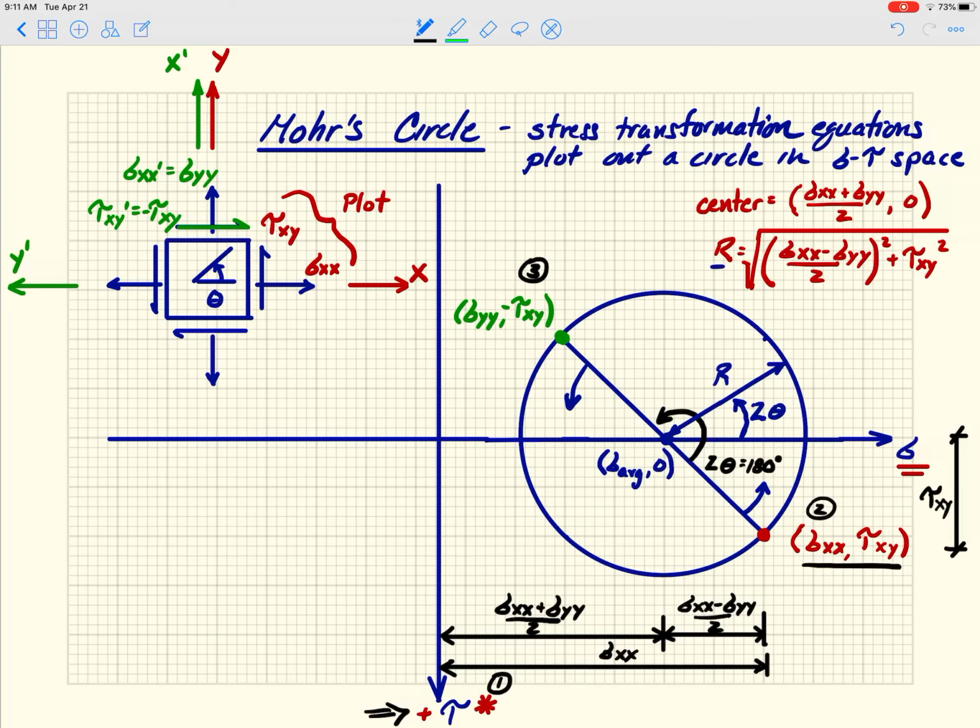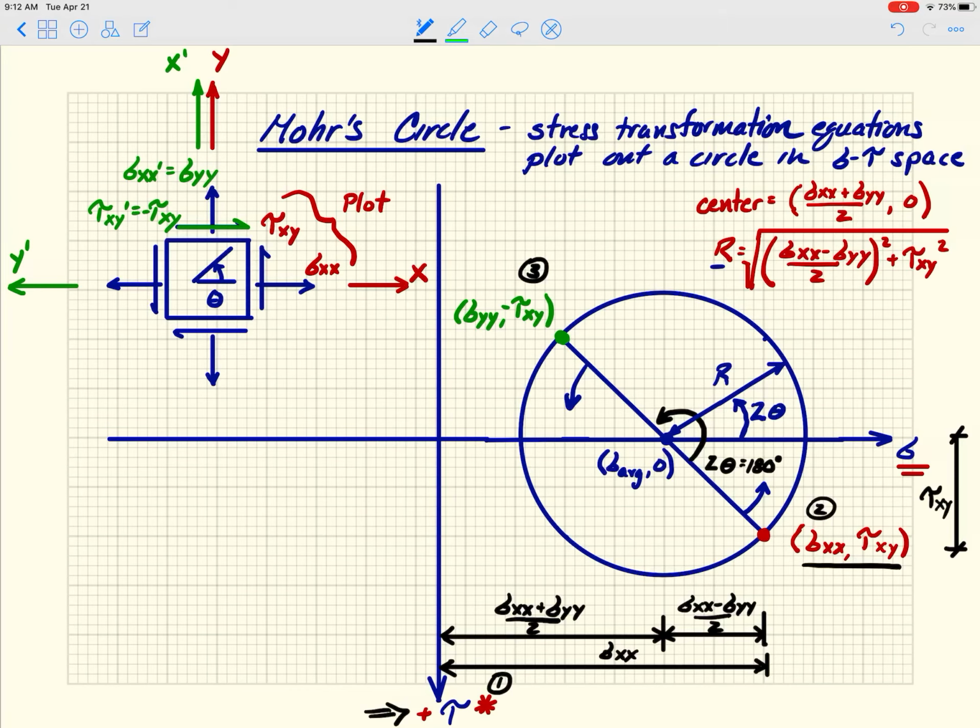Then number three, we are going to plot the stresses on the y face. And the only difference is that we're flipping the sign of the tau xy, right? The reason that happens is because when we move from an xy coordinate system to an x prime y prime coordinate system, that's the transformation, the shear stress sign on the y face goes from positive to negative or negative to positive.